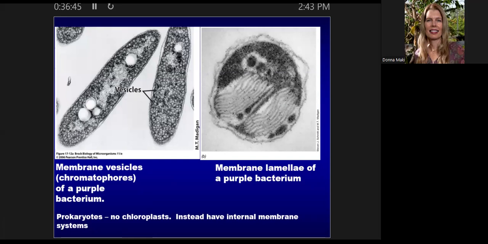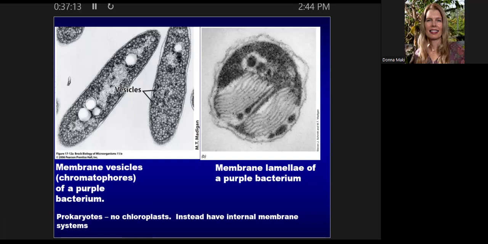Now, when you look at a chloroplast, there's all that internal thylakoid membrane. It's just jam-packed full of membrane material. Microbes can do their version of that. Cyanobacteria certainly have their version of an internal membrane, similar to what you see in a plant chloroplast. But then there are these so-called purple bacteria that do photosynthesis, and they have internal membrane systems too.